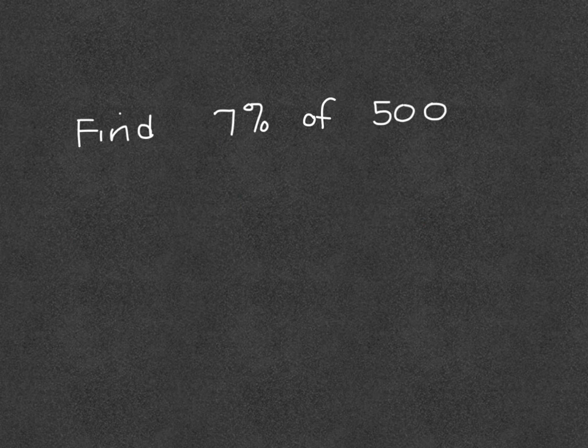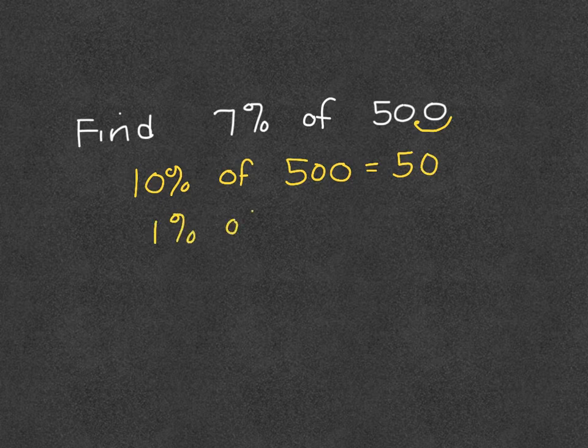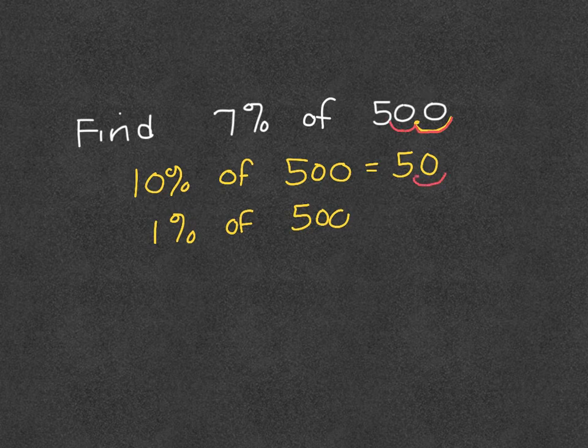Find 7% of 500. Well, let's see. If I find 10% of 500, that doesn't help me much. 10% of 500, again, moving that decimal one place would be 50. That doesn't help me get to 7 much. But what if I found instead 1% of 500? 1% of 500 would be to take that decimal and move it twice, or move it one more place in that 10%. 1% of 500 is 5.